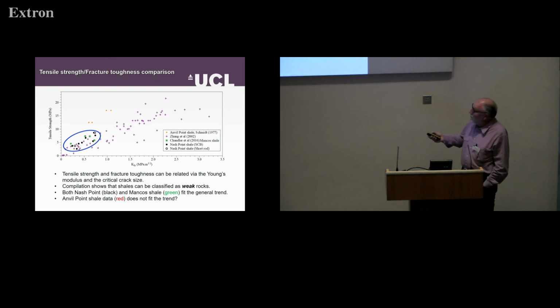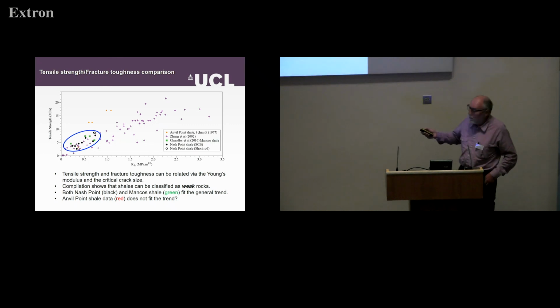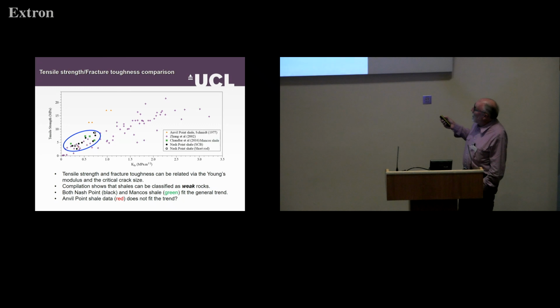So I think this compilation shows that the shales are obviously classified as weak rocks because they're right down at the bottom left-hand corner of this diagram. But both the Nash Point shale, the black circles and the black dots that we've measured using two different measurement techniques, and some previous work by Mike Chandler on Mancos shale from the US, all plot within this elliptical area here, and they all fit the general trend.